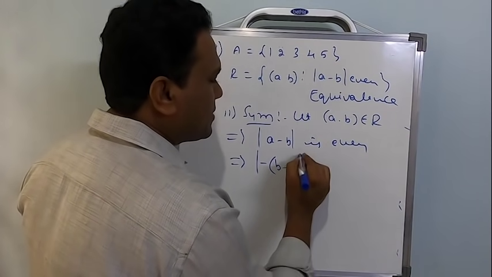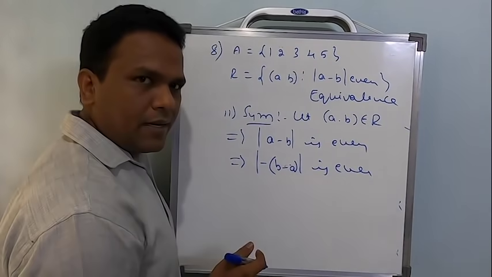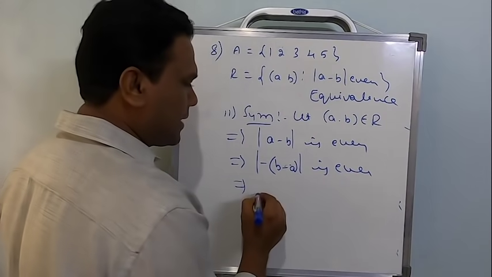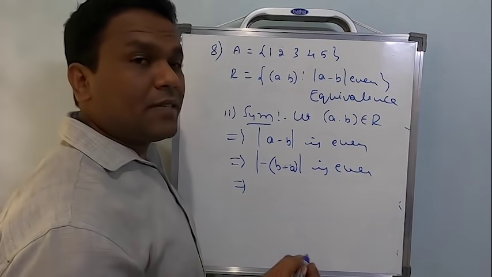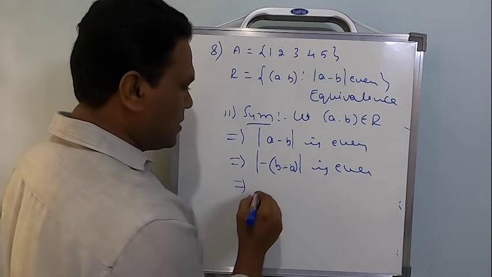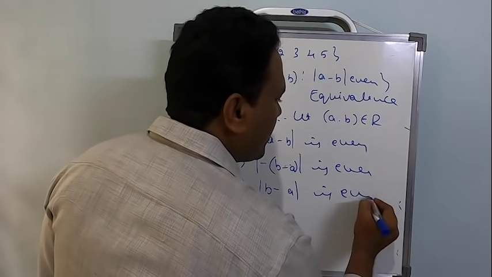Mod of B minus A is still going to be even, since I just removed the minus sign. By the definition of mod x, mod of minus x is plus x. So mod of B minus A is going to be even.